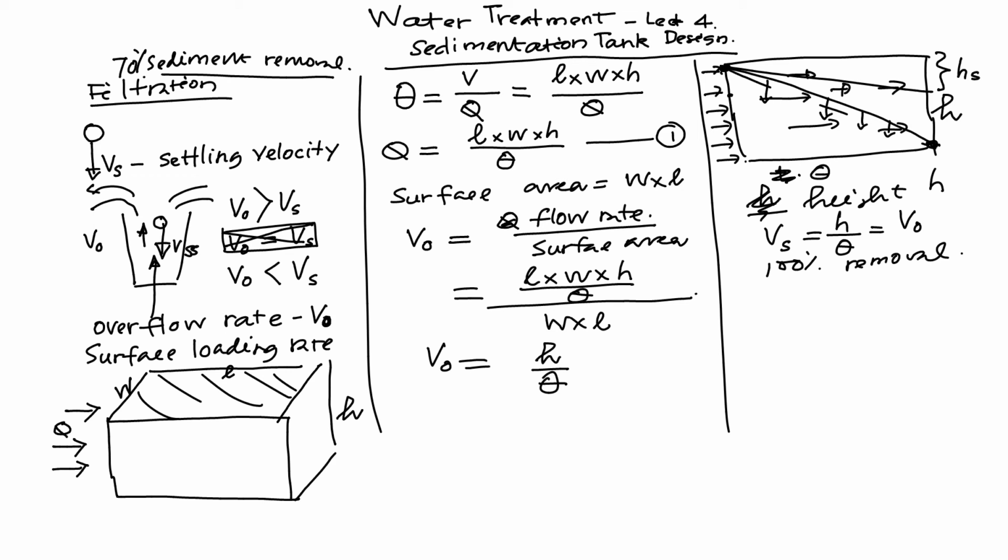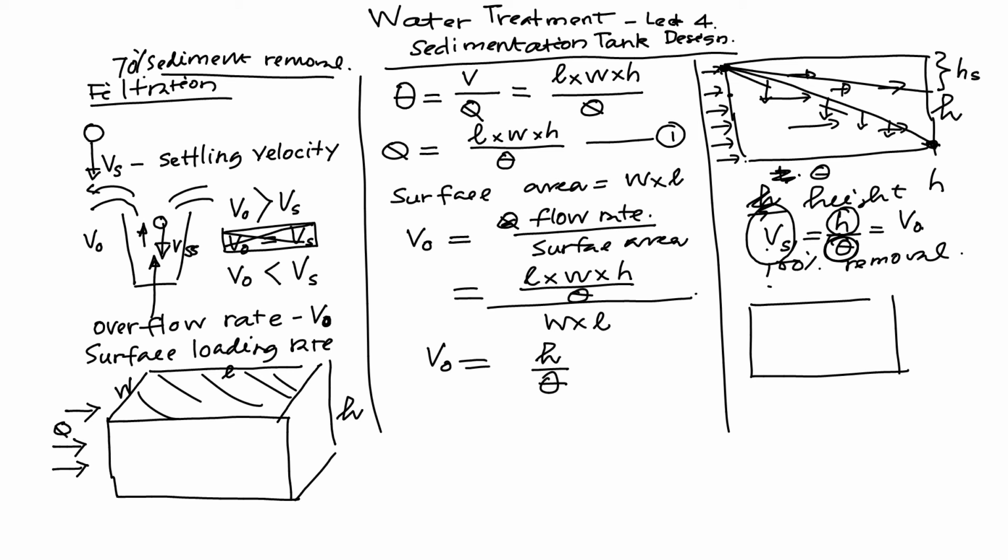Here Vs, when I say Vs, this is the particle settling velocity. If the particle settles in a way that it can drop down the total height of h within the given time of theta, so if it can completely drop the whole height within the time theta, then this particle will be 100% removed.